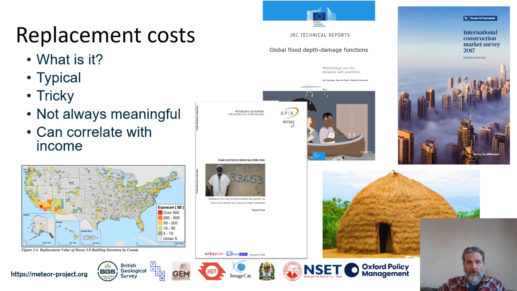In terms of sources, there can be all sorts of sources, but you have to be careful in how you apply them, of course. Here are three types of ways to come up with replacement costs that we use in various circumstances. The one in the middle here, for Senegal, would be resettlement action plans.